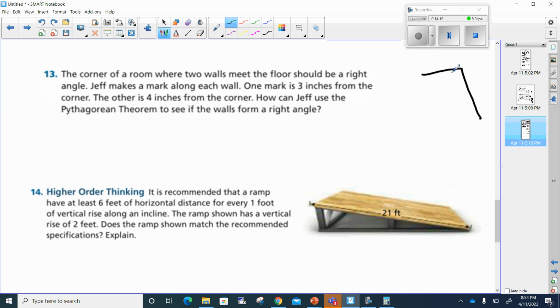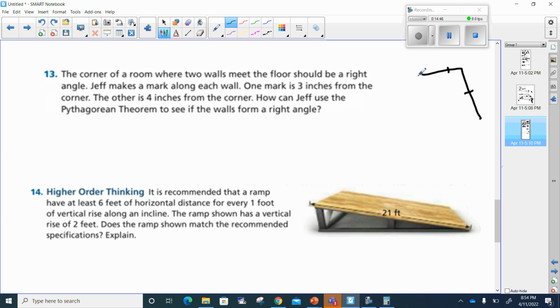One mark is 3 inches from the corner. The other is 4 inches from the corner. How can Jeff use the Pythagorean theorem to see if the walls form a right angle?